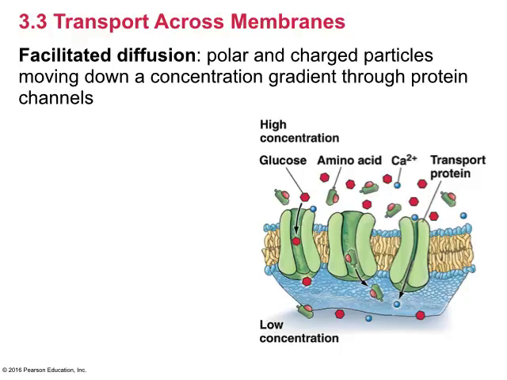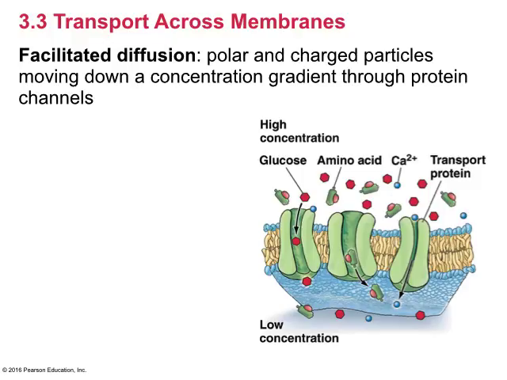So these particles are still moving down their concentration gradient from high concentration to low concentration, but because they're polar and charged and maybe a little bigger, they can't pass through the membrane, so they need the help or the aid of these protein channels, these transport proteins in green, that basically are like poking holes through the plasma membrane.